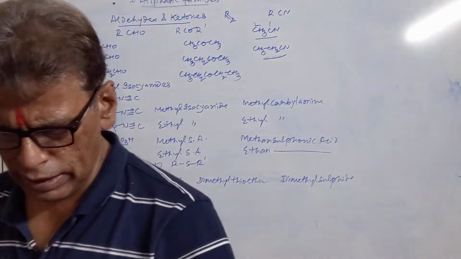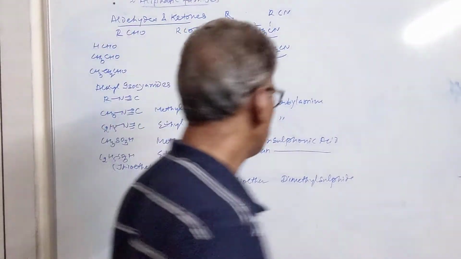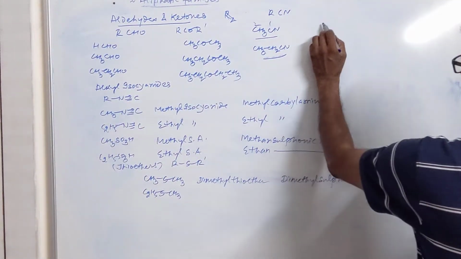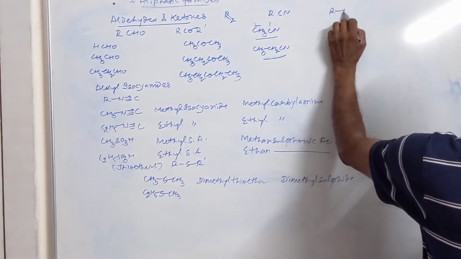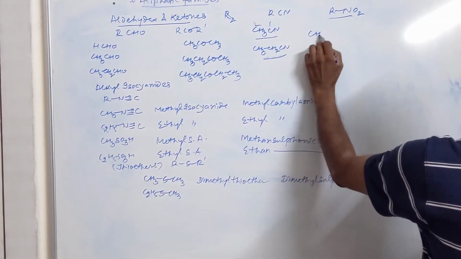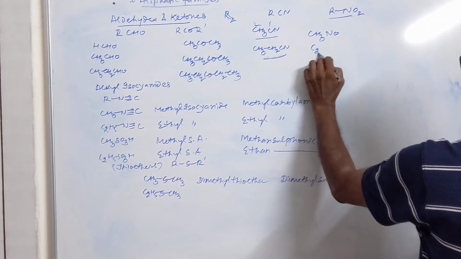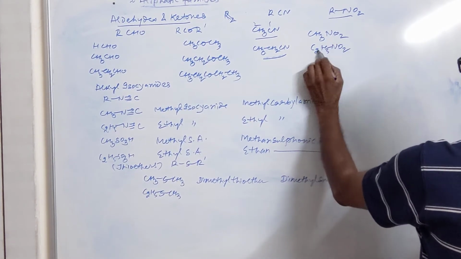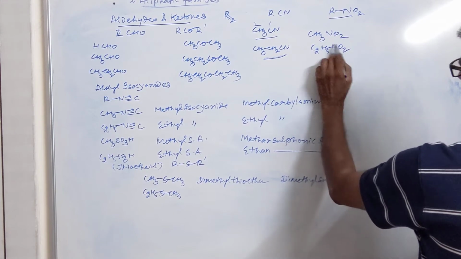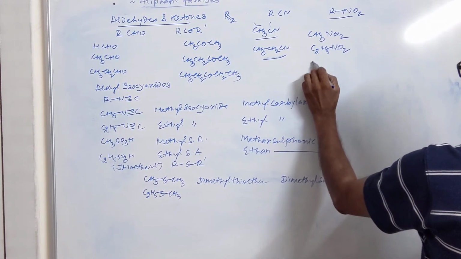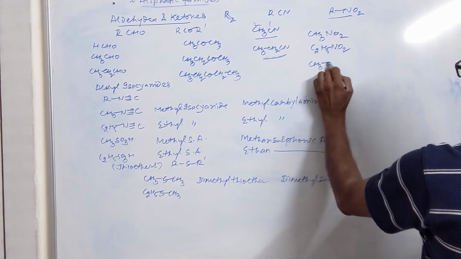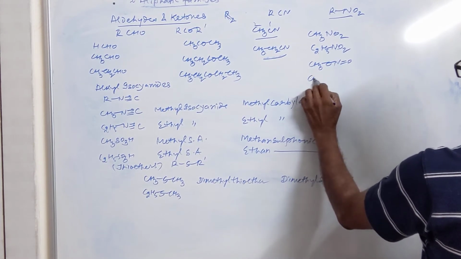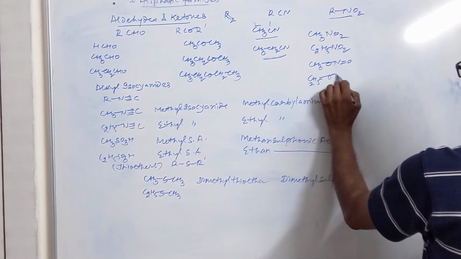So these are the different systems of aliphatic compounds. Then we have nitroalkanes or NO2 family, CH3NO2, C2H5NO2, nitromethane, nitroethane. Then we have nitrites, ONO, CH3ONO, C2H5ONO.